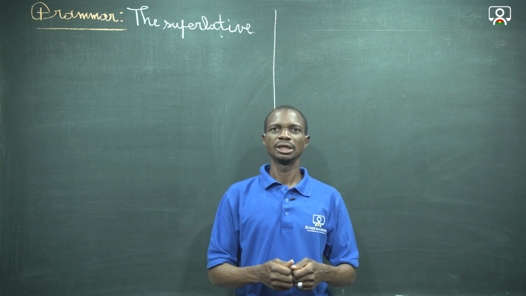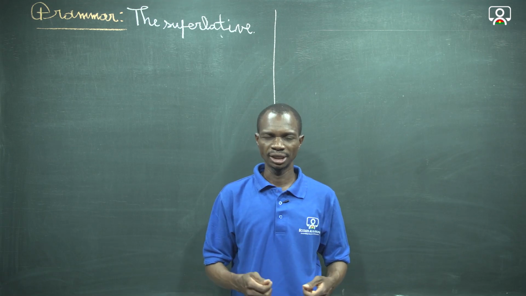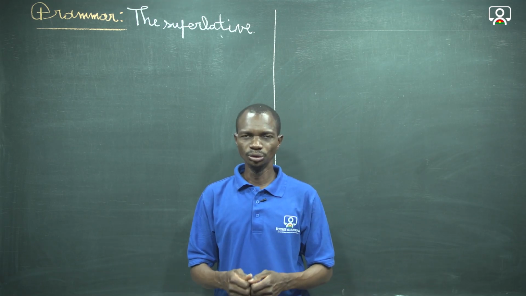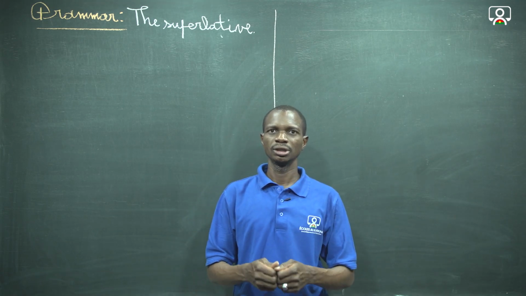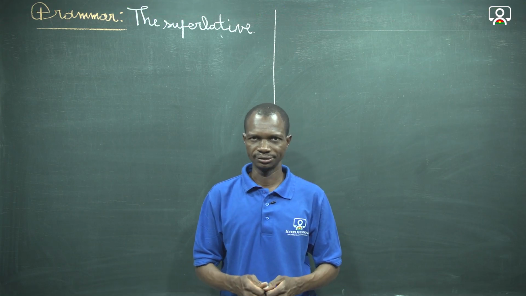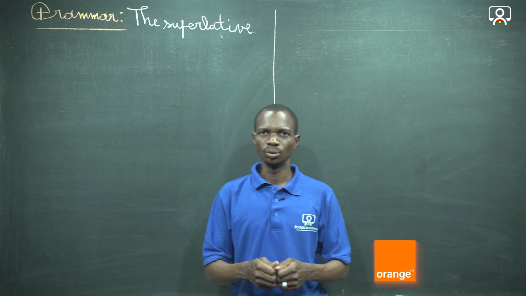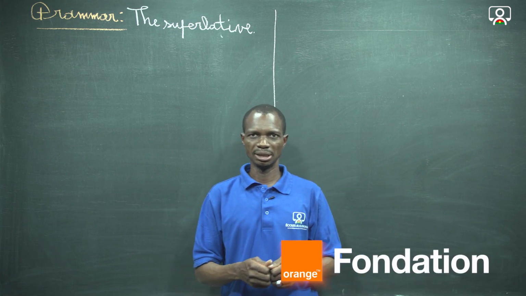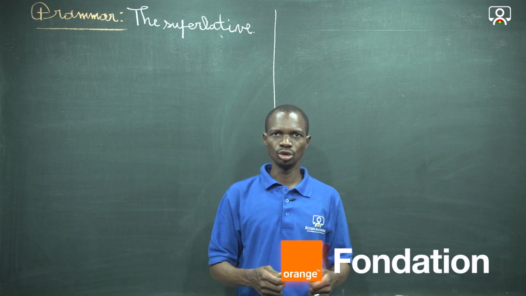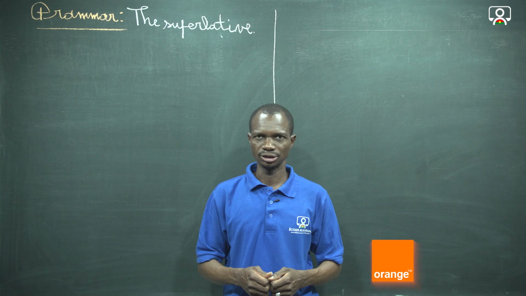We use the adjective in order to compare, and also for the superlative. So we are going to start with the superlative as far as the short adjective is concerned.